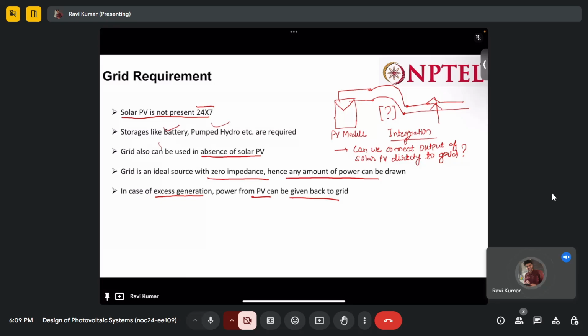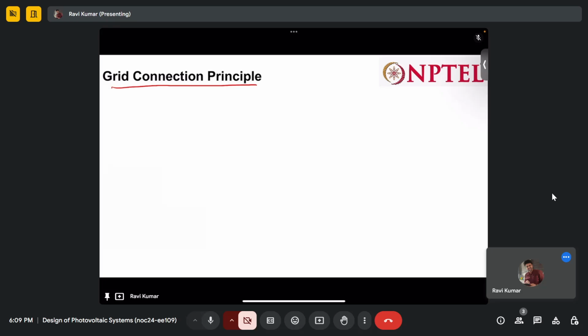First of all, let's understand some grid principles. The grid is a voltage source, and any amount of current can be drawn. It depends on the application. The grid is a source of infinite energy, we can say, and the voltage remains constant.